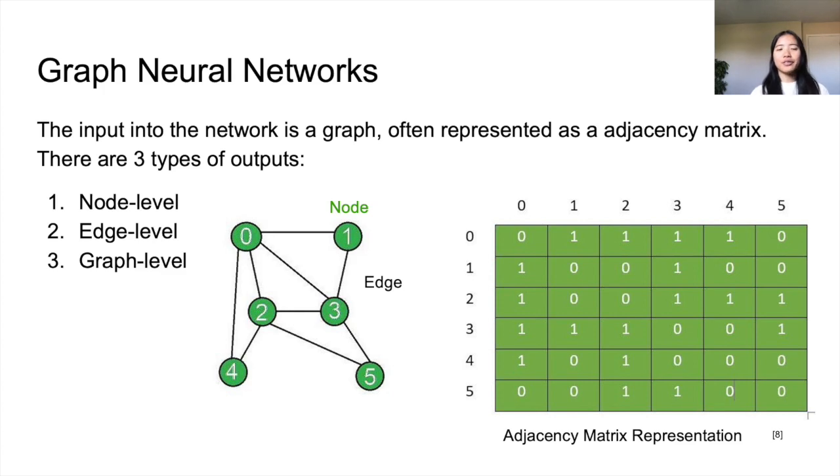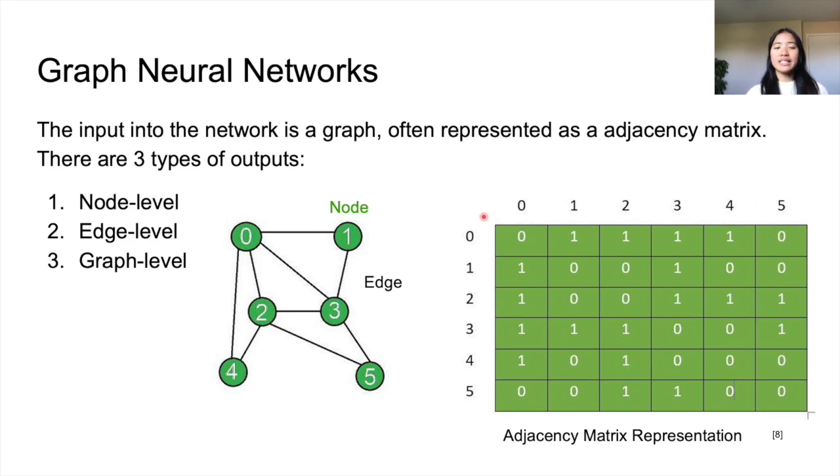A graph neural network is different from the neural networks we previously discussed because it's able to take in the input of a graph, often represented as an adjacency matrix. An adjacency matrix is a way of representing whether there exists a connection between nodes. How you do that is that all the nodes in a graph are listed along the x and the y axis of the matrix.